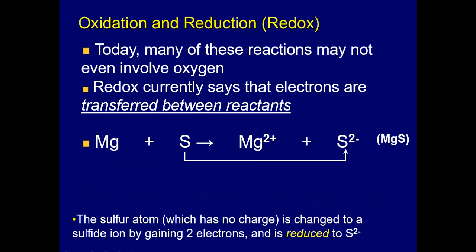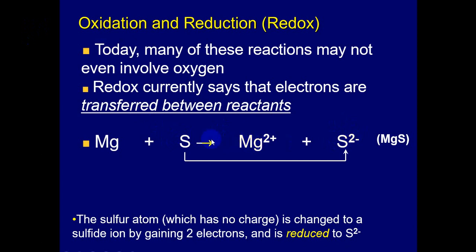Okay, so if magnesium is oxidized, meaning that it loses 2 electrons from its outermost shell, so it becomes oxidized. Then magnesium gives these 2 electrons to sulfur, so that sulfur will become what? Reduced. It gets 2 electrons.